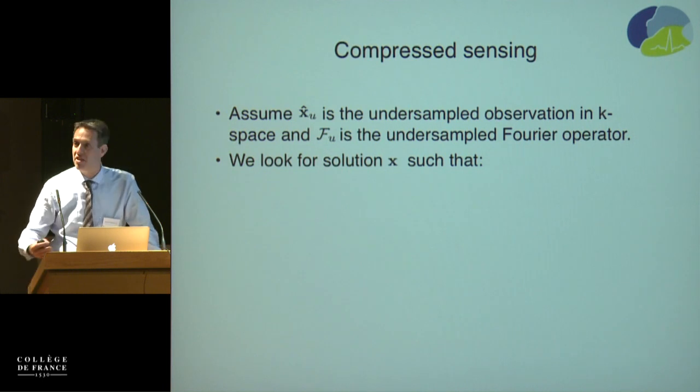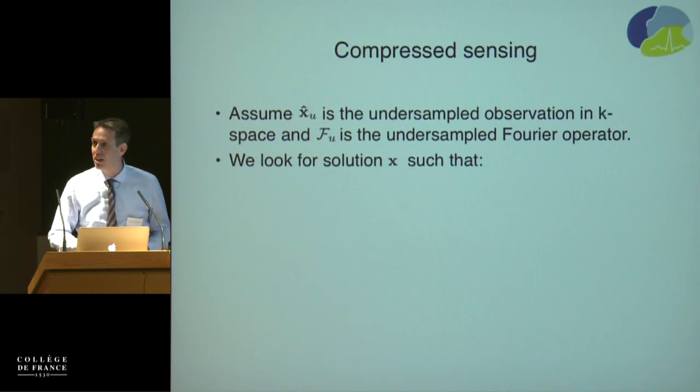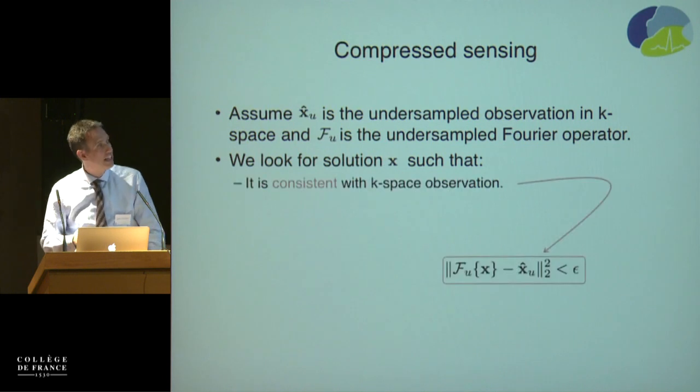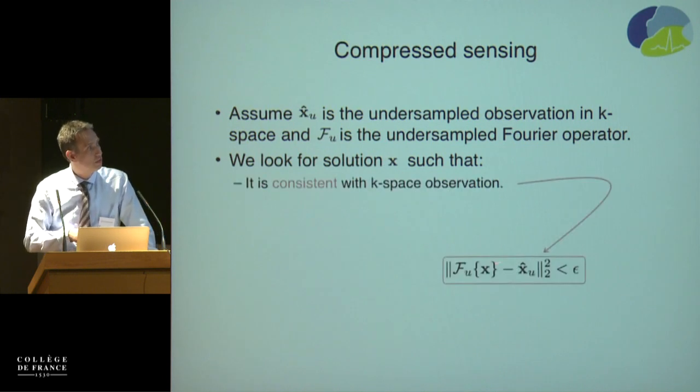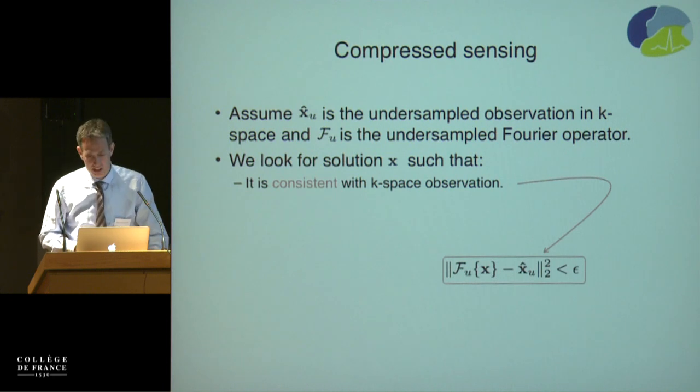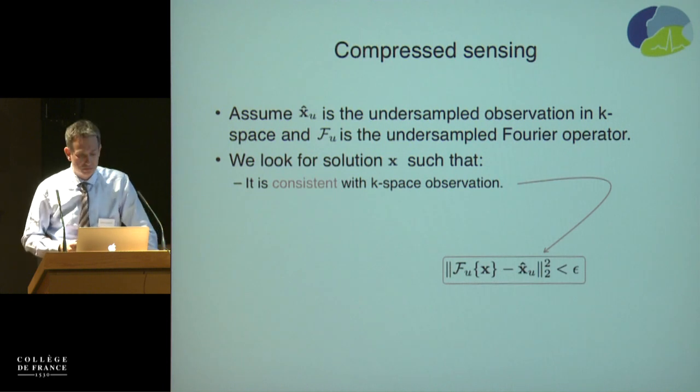So the idea is we have an undersampled observation in our k-space. So we haven't acquired all the data. We have our undersampled Fourier operator. And now we're trying to recover a new solution X, which is a full k-space, such that it's consistent with what we have actually measured in k-space. So I've acquired some data, and whatever I want to recover needs to be consistent with that bit of data.